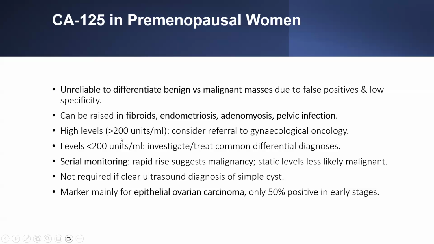Serial monitoring of CA125 is required because rapid rise suggests malignancy and static levels are less likely malignant, and not required if clear ultrasound diagnosis of simple cyst, as we discussed earlier. And it's a marker mainly for epithelial ovarian carcinoma, and it's positive only in 50% of the patients with earlier stages. And epithelial ovarian carcinomas are common in menopausal women.